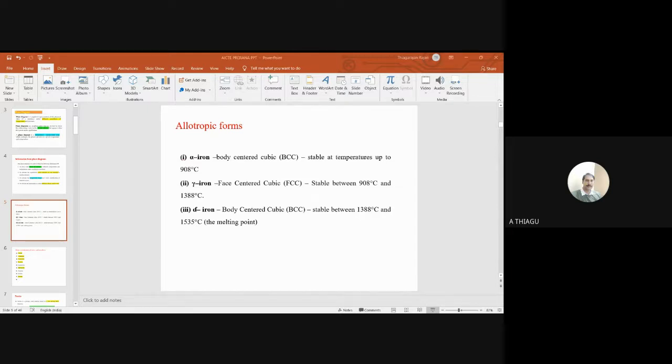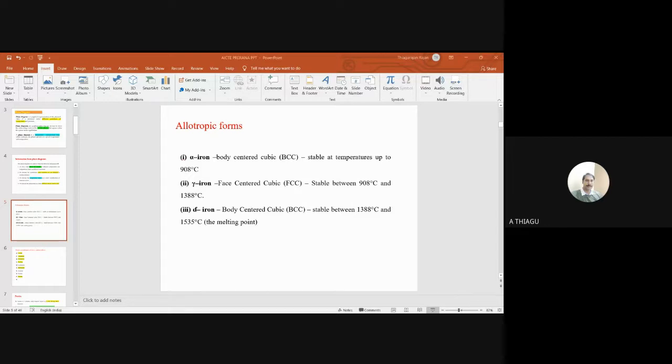So this particular region we can call delta, but the percentage of carbon is limited to only 0.08. Okay, so these are the three important phases produced while changing the temperature or composition. So with different composition and different temperature, different phases are transformed. This is the information we have collected from the iron carbon diagram.